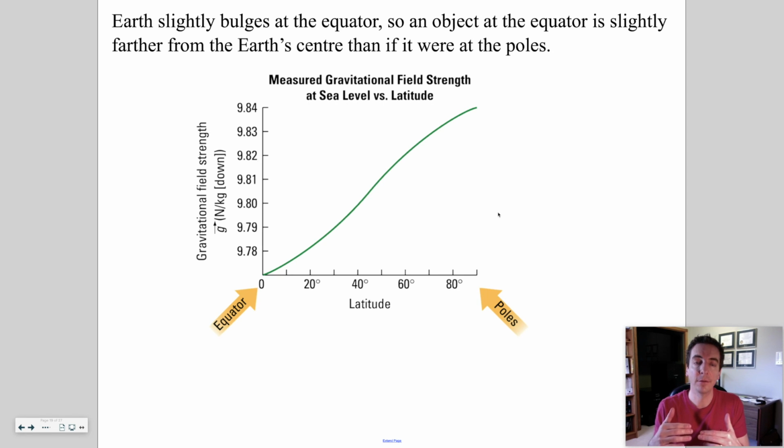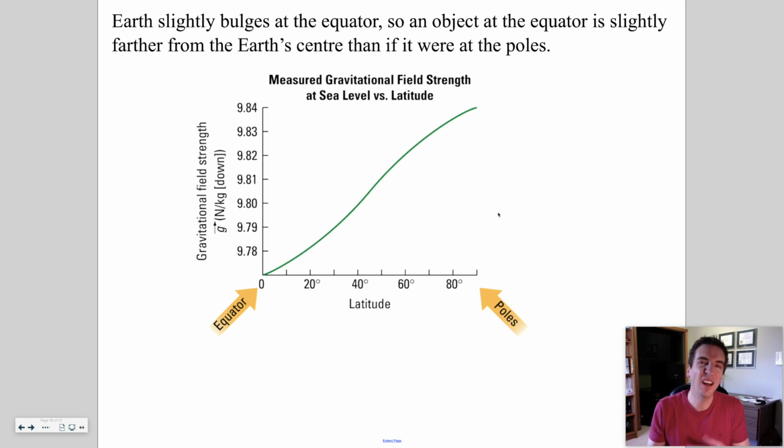Also, there's a big difference in terms of altitude. You can be standing at sea level, for example, on the beach, or you can be at the top of a really high mountain, or at a high elevation in Denver or something like that. The gravitational field strength is different in Denver than it is at the beach in Vancouver, just because of your elevation. You're further away from the surface of the Earth the higher you get up.